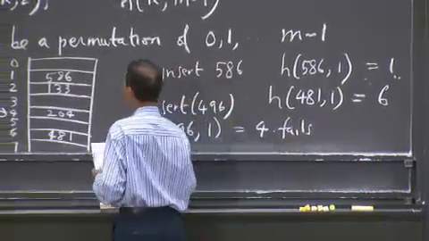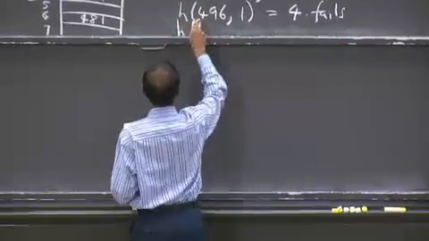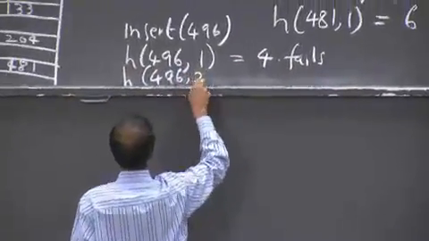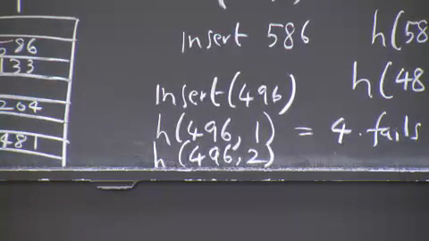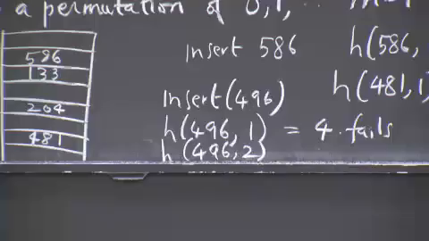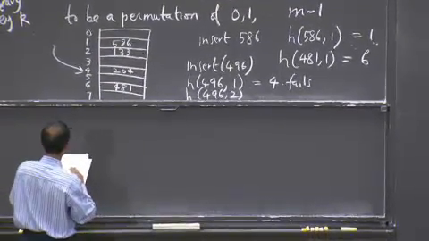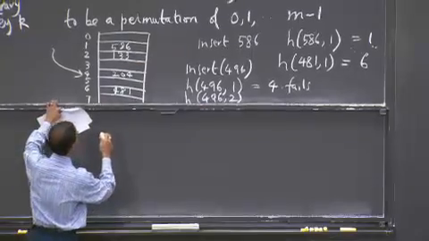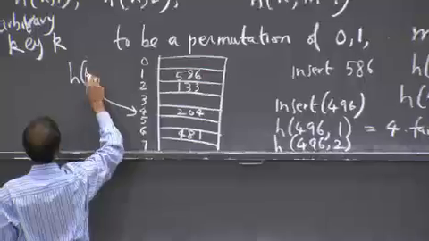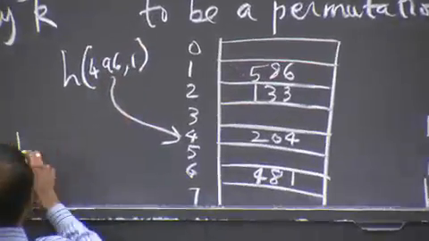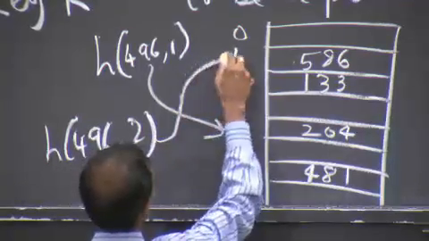So I need to go to h 496 2, and h 496 2 may also fail. You might be in a situation where h 496 2 gives you 586. So this was h 496 1, h 496 2 might give you 586.